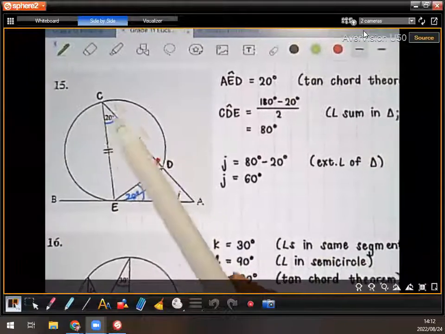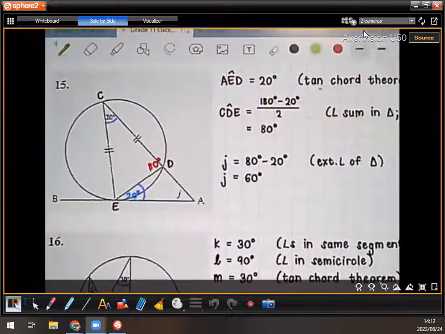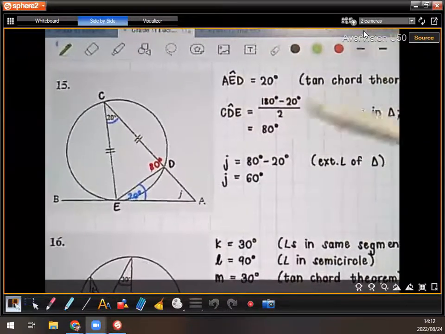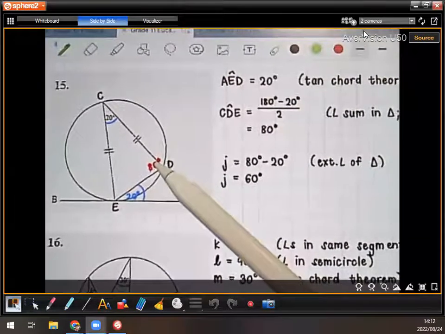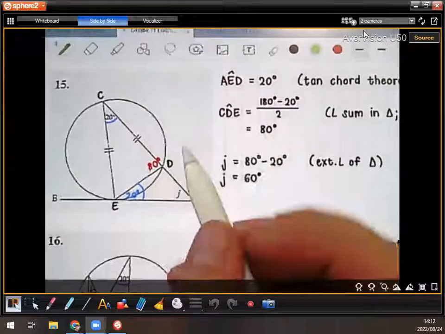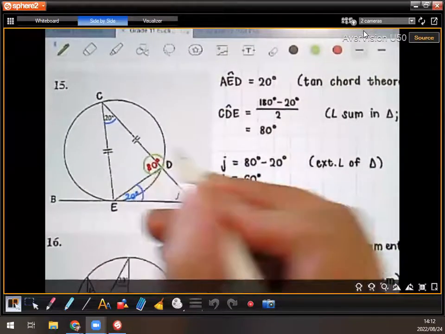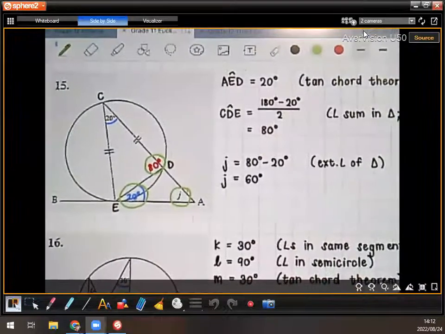So if you know that that is 20, you can do 180 minus 20 divided by 2, to get that angle. Both of them actually. That one will also be 80 and that one. So I then just used the exterior angle of the triangle here because the exterior angle is equal to the sum of the opposite interior angles.